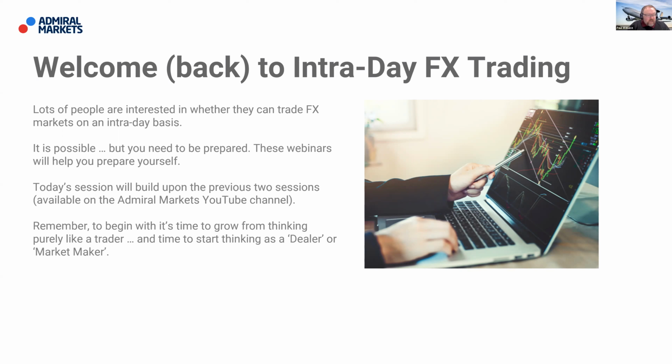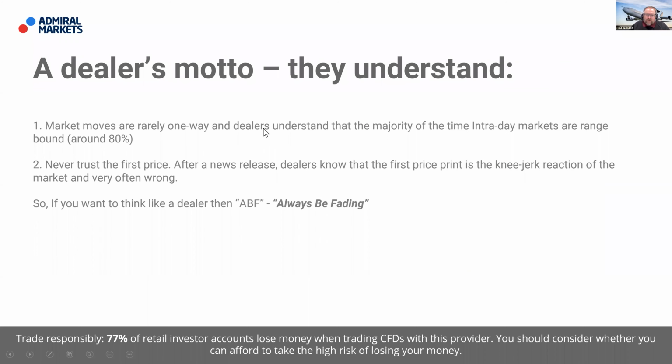Remember to begin with, it's time to grow from thinking purely like a trader and time to start thinking as a dealer or a market maker. That's what we particularly covered in the last two sessions, about recognizing who else was operating in those financial markets. The market makers, the dealers, understood that market moves are rarely one way, and that the majority of the time intraday markets are range bound, around about 80%.